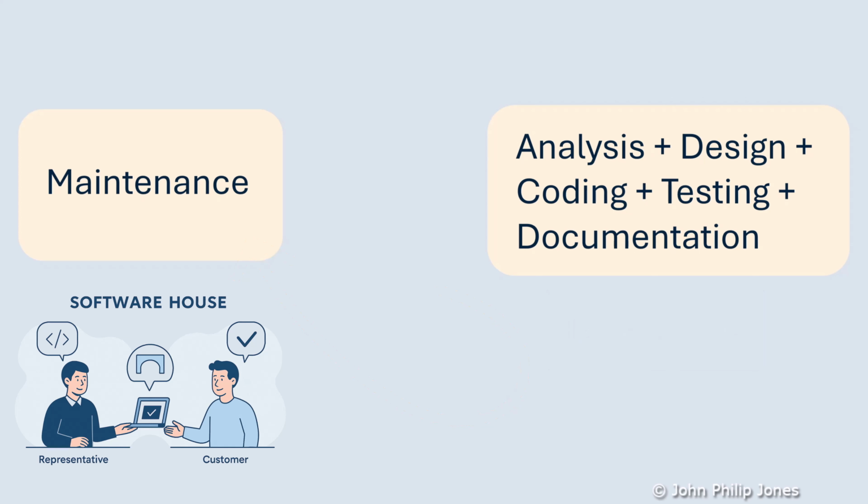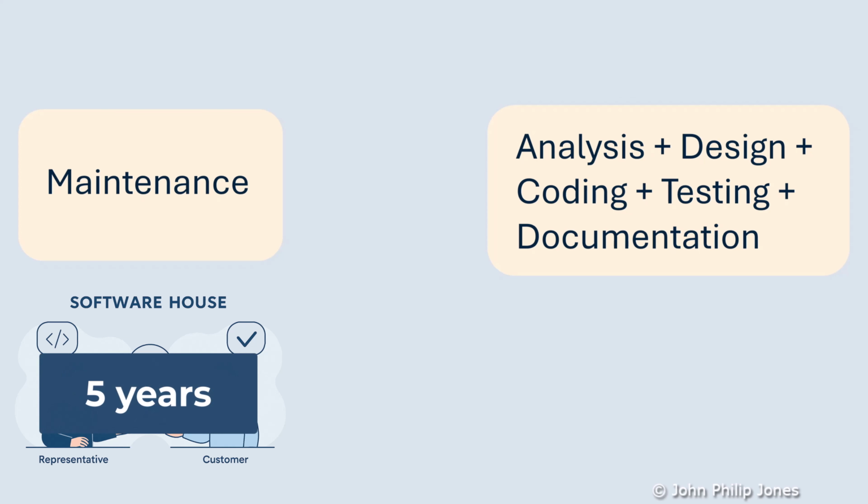We'll work on the assumption that the software handed over to the customer is going to be used for at least 5 years, and we will need to ensure that it's kept working during the maintenance phase for that 5-year period, which will involve things like possible updates to the system.